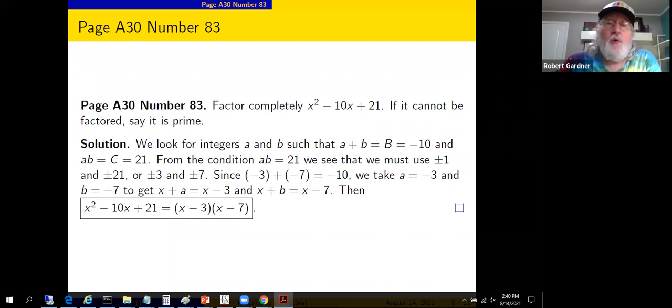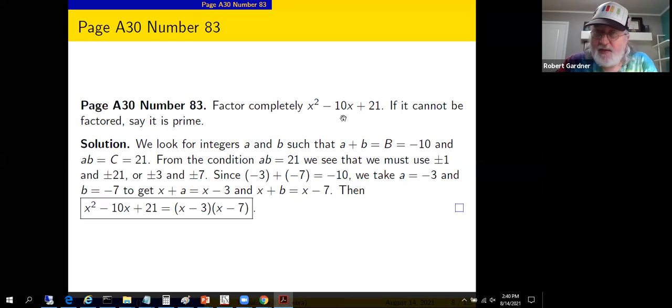Well, we're looking for lowercase a and lowercase b such that the sum of those two numbers equals capital B, this coefficient here, negative 10, and the product of those two numbers equals capital C, 21. So we need two numbers that add together to give this and multiply together to give that. Let's start with the condition a times b equals 21.